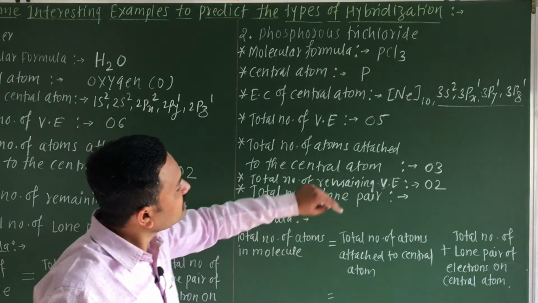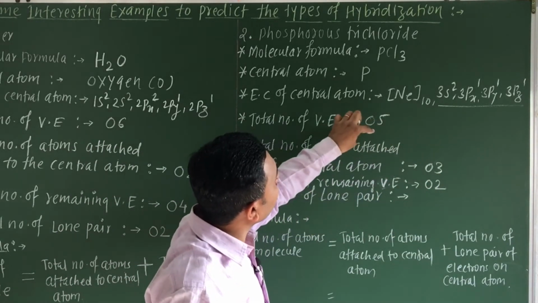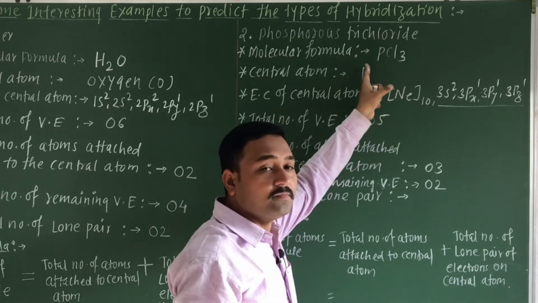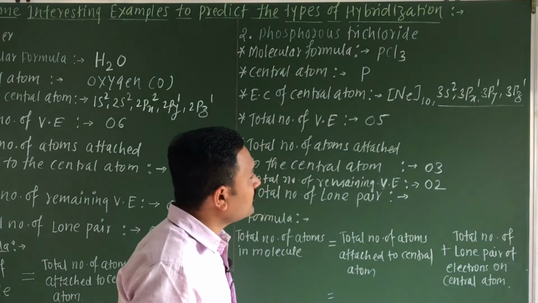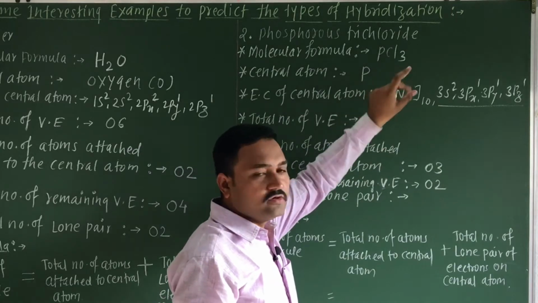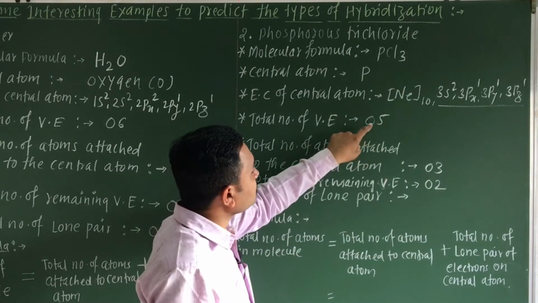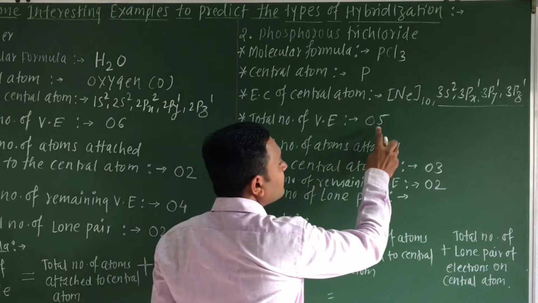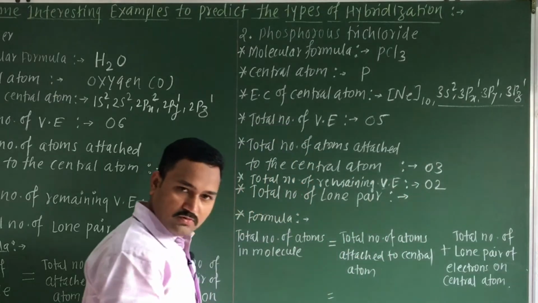The 3 electrons are utilized to form the 3 P-Cl bonds, as the 3 chlorine atoms use 1 electron each of the phosphorus atom. That's why 5 minus 3 is equal to 2.